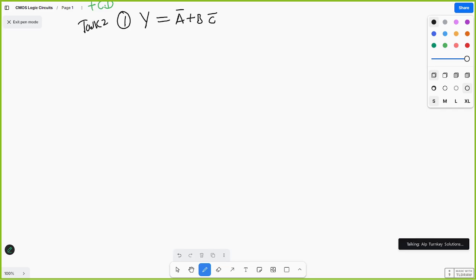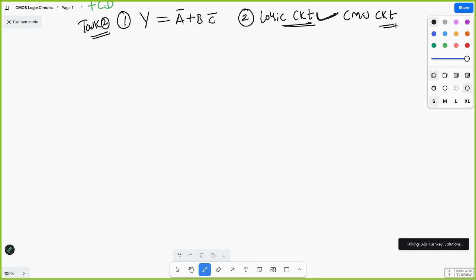You can implement this using a CMOS circuit. And one more logic circuit I gave. From that logic circuit you will get the expression, and you implement it using a CMOS circuit. Is it fine?